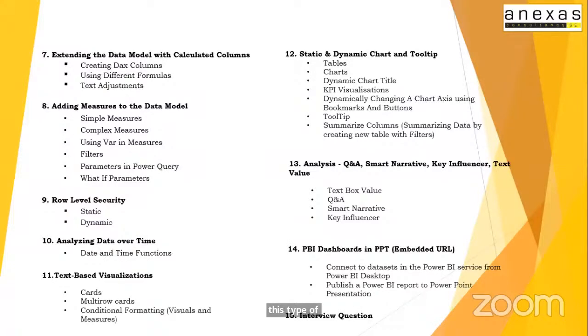You have options of analysis. You have the text box option, the smart narrative, and the key influencer, where you can see what has influenced your sales to go low or go high. We'll take it positively.